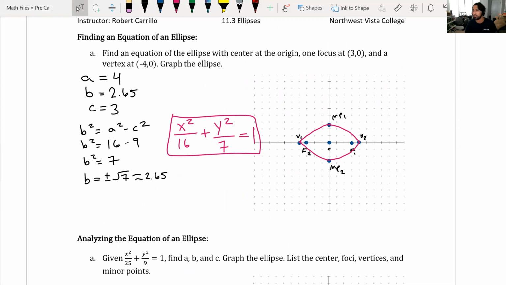So if you really want to know, you can ask me in class, and I might have the explanation. I haven't done it in a long time. But just know the right side is always 1. Okay. All right, so that was just find the equation. We found all the foci, we found the vertices, and then we graphed it. Okay, perfect. That's it.